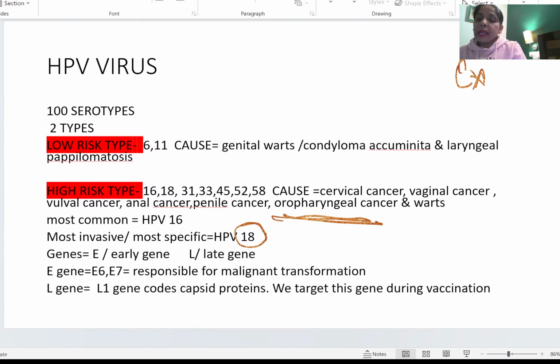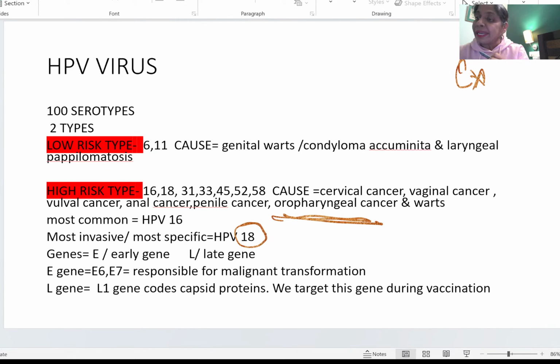Okay, now please listen carefully. This question already came in November 22. Each line of this slide is very important. The genes which the HPV virus has are of two types: early genes and late genes.